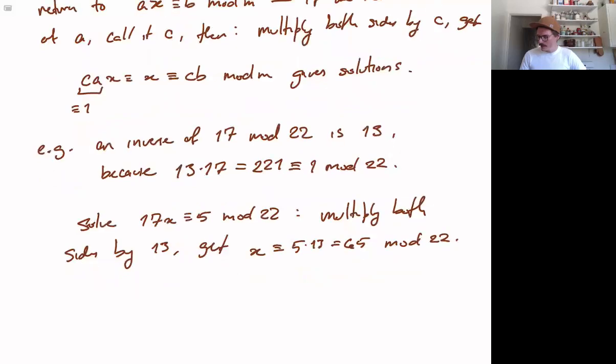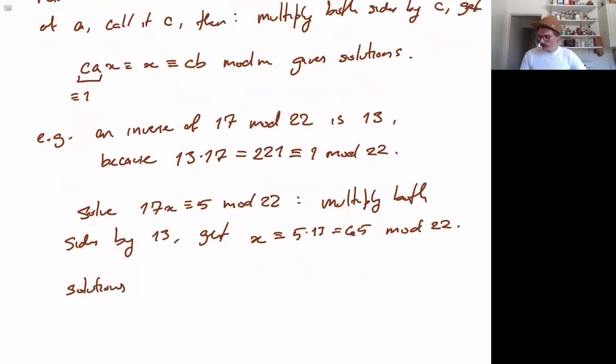So our solutions are basically x is 65 plus any multiple of 22.